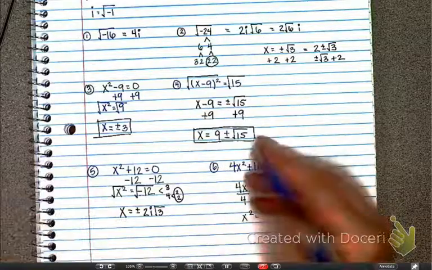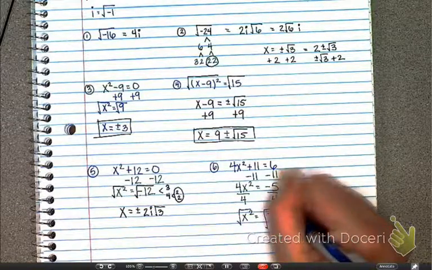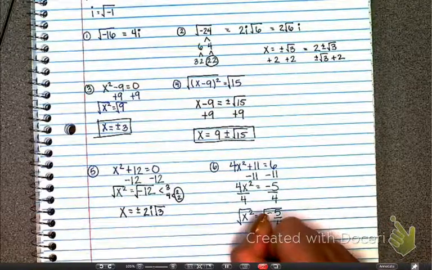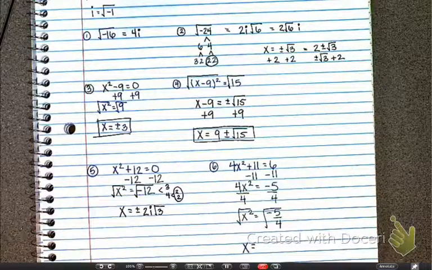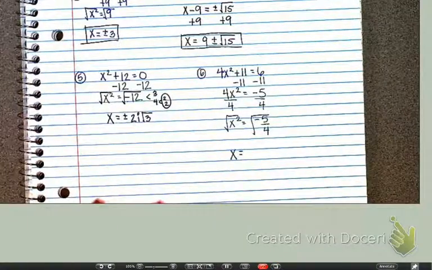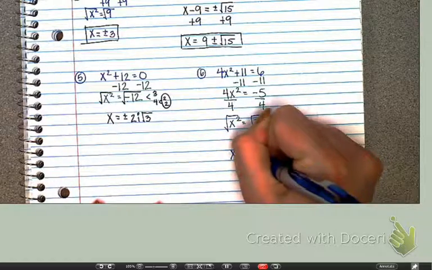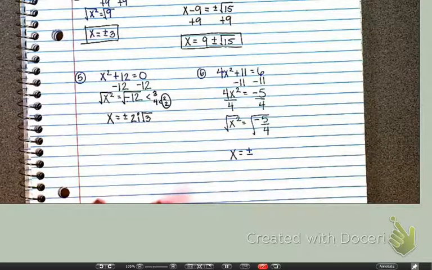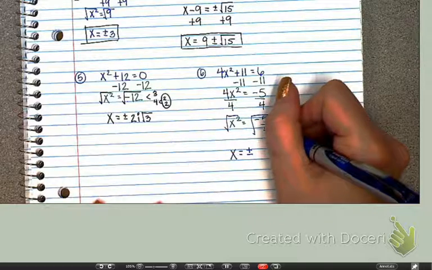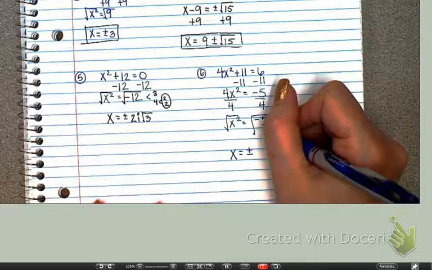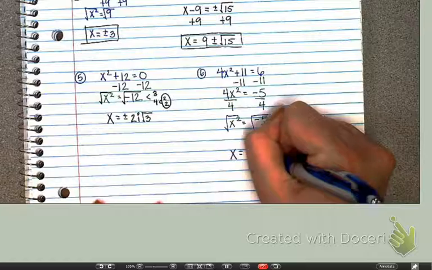Now take the square root. So x equals plus or minus i, the square root of 5. What's the square root of 5? Just 5. There ain't no square root of 5, so we're going to leave it as the square root of 5.